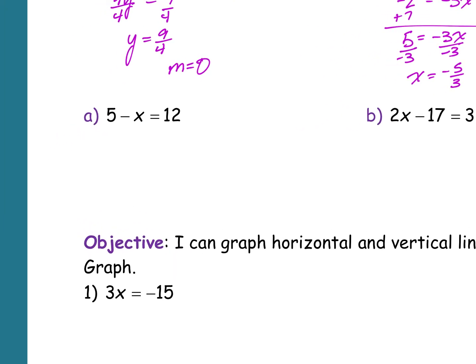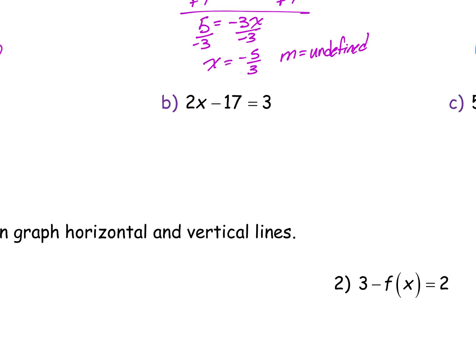What do I do on number A? I'm going to subtract 5. Is that okay? And then I get negative x equals 7. And if negative x equals 7, what does positive x equal? Negative 7, right? Undefined.